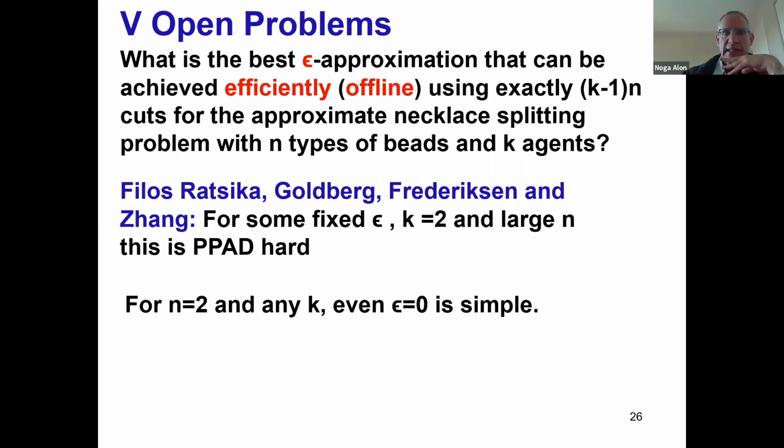The first one is that if the number of types is only 2, and now I allow k, the number of thieves, to be arbitrary, but there are only 2 types, then even epsilon equals 0 is simple, so we can get it completely exactly and efficiently.